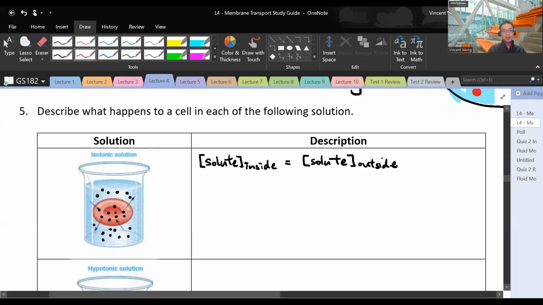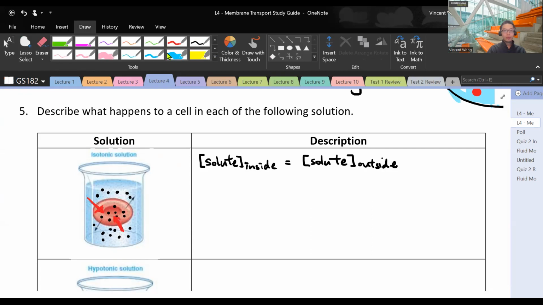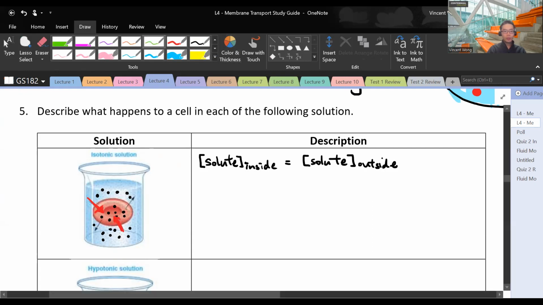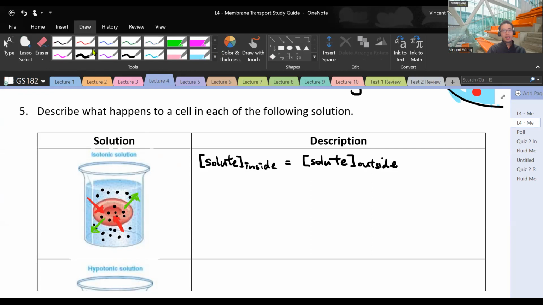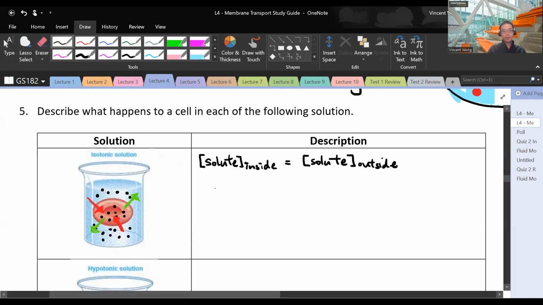So in this case, the rate at which water enters the cell, represented here by the red arrows, will be equal to the rate at which the water is leaving the cell. And you have the same amount coming in as it is leaving. So rate of water coming in equals the rate of water going out.